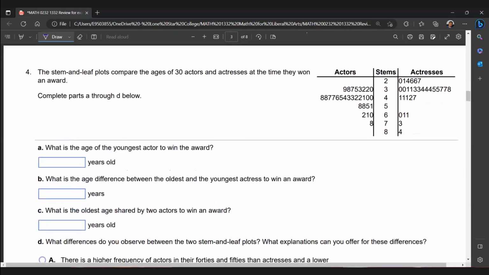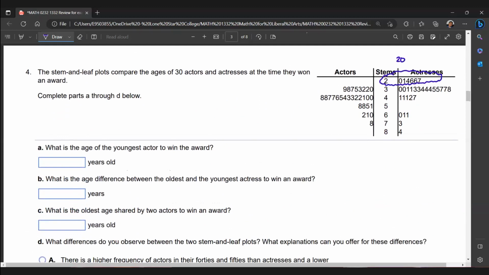The stem and leaf plots compare the ages of 30 actors and actresses at the time they won an award. Okay, so to understand this stem and leaf plot, in this case there is an age of 20 if I'm looking at this stem and this leaf.